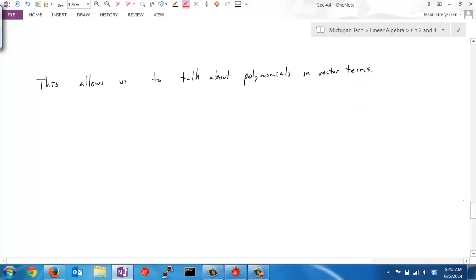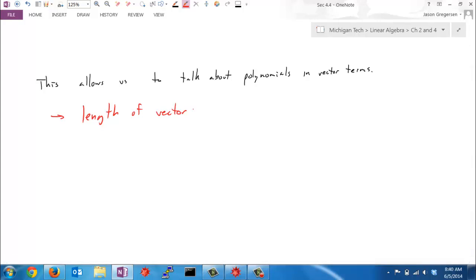So here are some things we might think about for vectors that now we can somehow relate to polynomials. What is the length of a vector? Have you ever asked how long is this polynomial? Well, we can talk about how long the polynomial is. We can have a relationship that talks about the length, and that's going to have a meaning somewhere. Okay?